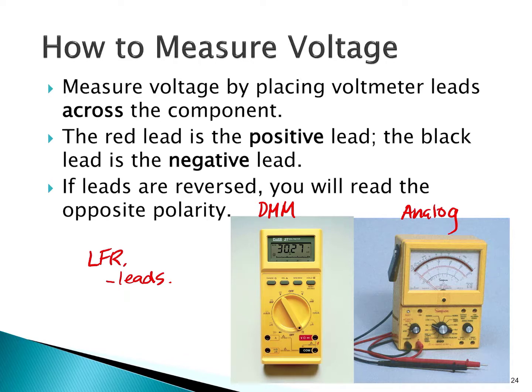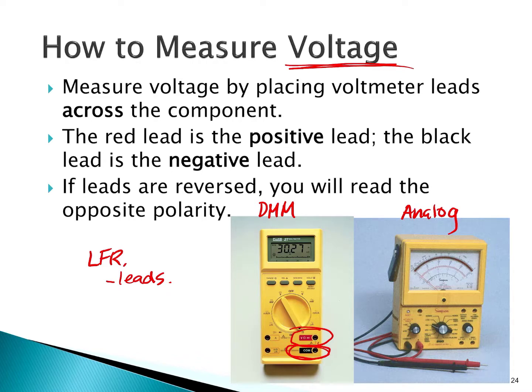So when we look at these two examples of meters, notice how this one here, just like what we saw in the lab, is indicating for voltage. One of our test leads would go here, and then of course we'd have our common lead in there that never moves. If we're using the LFR rule and going to measure voltage, obviously we've got to make sure our leads are in the right spot.